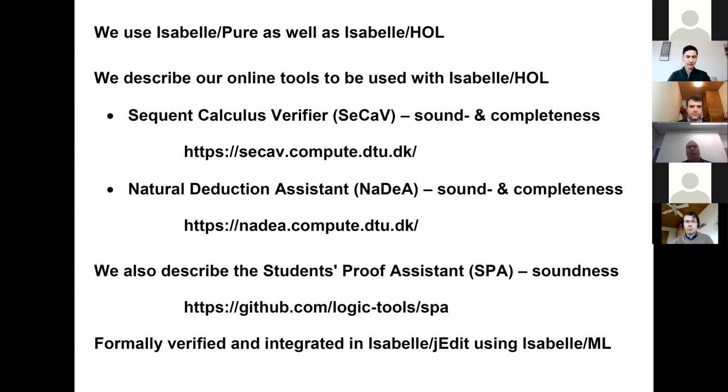And since it's all in Isabelle and there's no web interface or tool around it, you have to go to GitHub to get the theory. The student proof assistant is formally verified, like also the proof systems for the two other systems, and it's all integrated in Isabelle, using a lot of jEdit and the ML facilities.